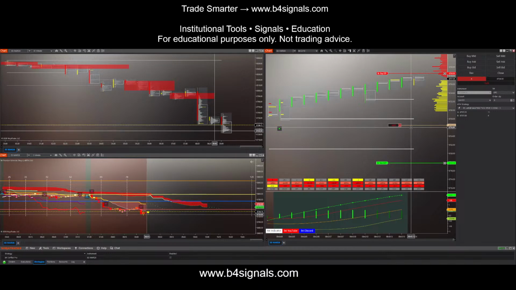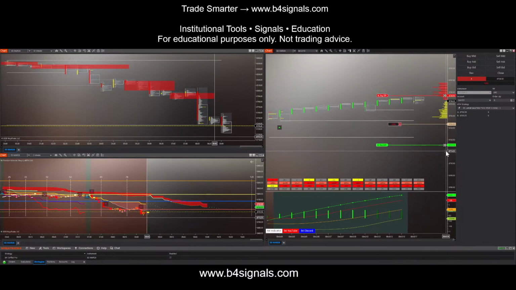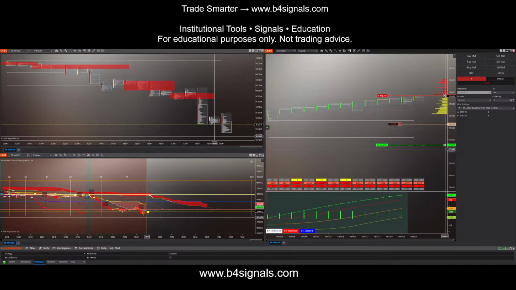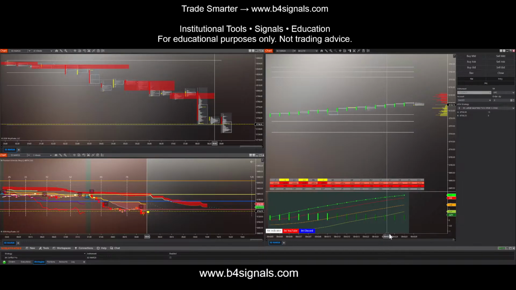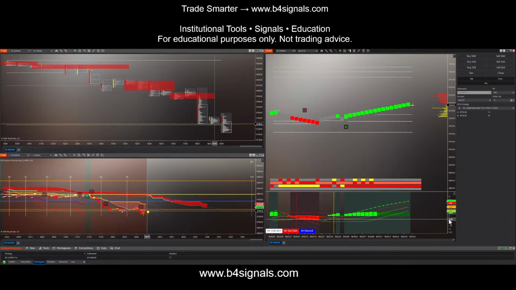Stop filled. It's too wide of a range to really do that. You see, +3 is what we're looking at for topping.